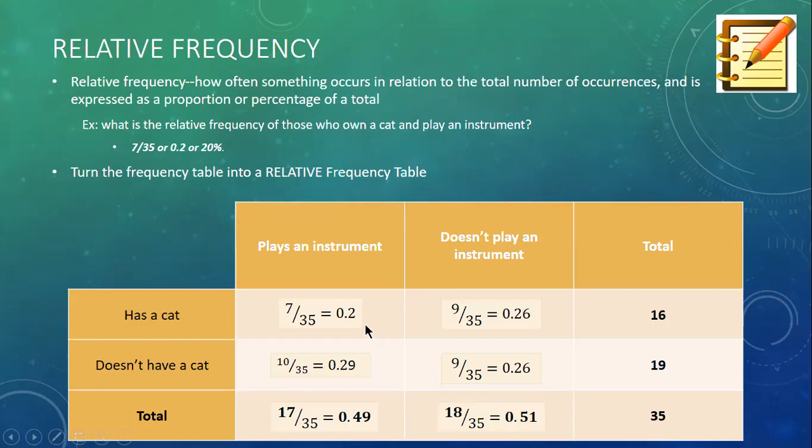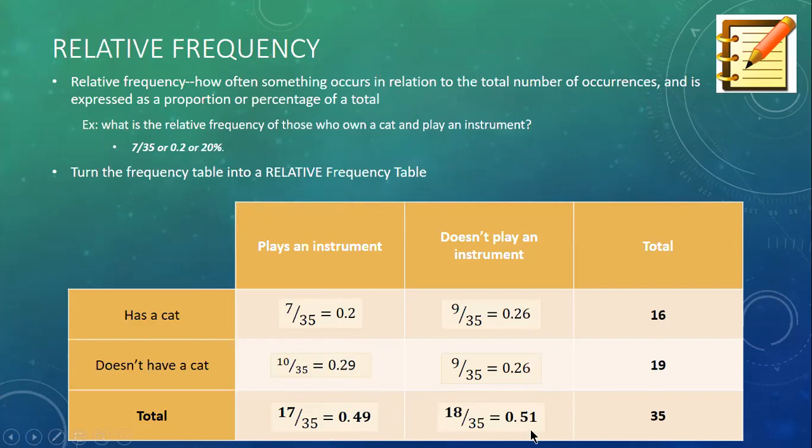So something cool that happens here, guys, check this out. 0.2 plus 0.29, add those two together. Oh, look at that, you get 0.49, okay? Over here, because we rounded, right? This is really like 0.255.